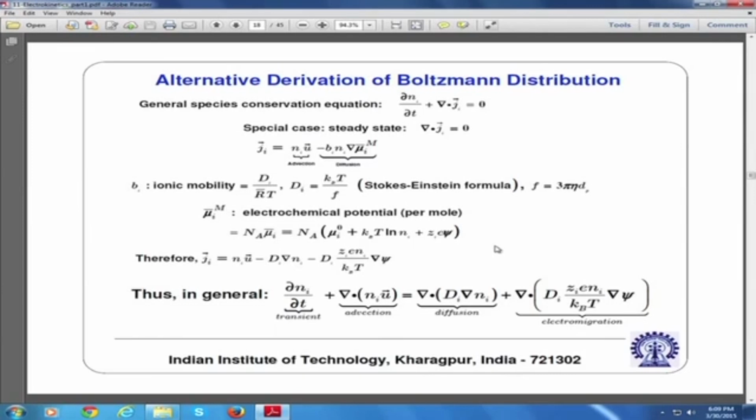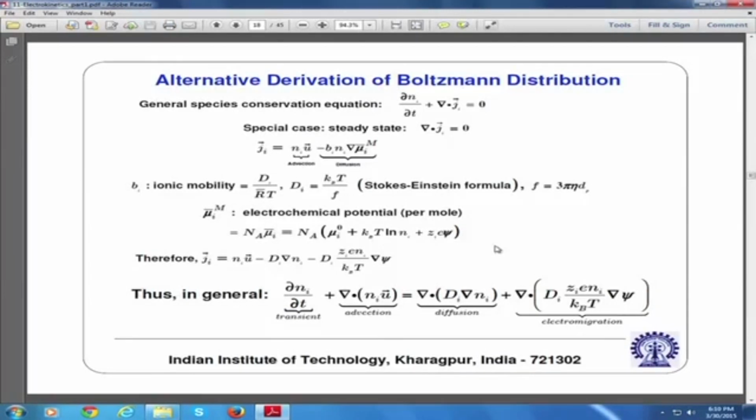The bar means basically a molar quantity, because we are interested in writing the expression for 1 mole of a system. Whatever we define per unit entity, we will multiply by Avogadro number to get the expression for the total mole.